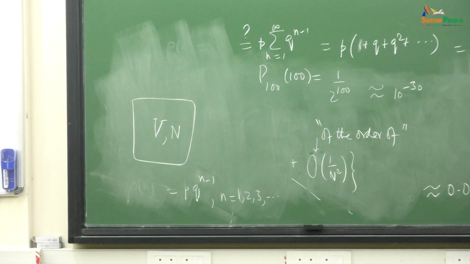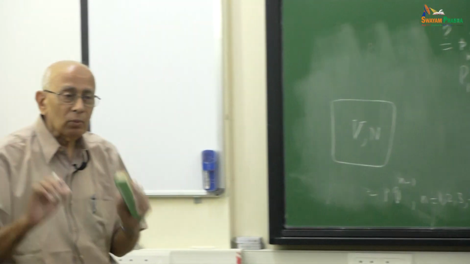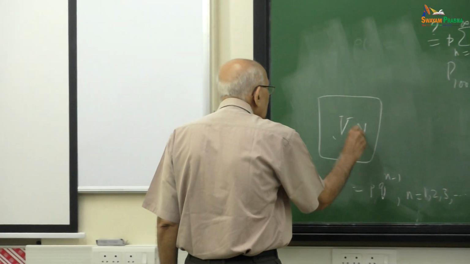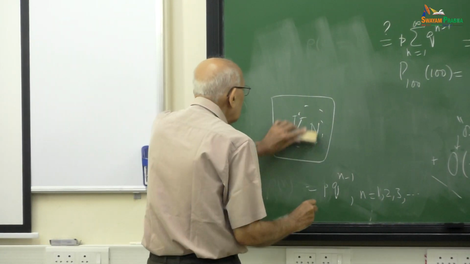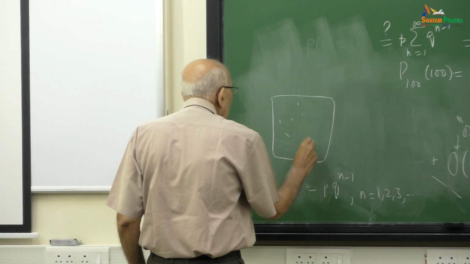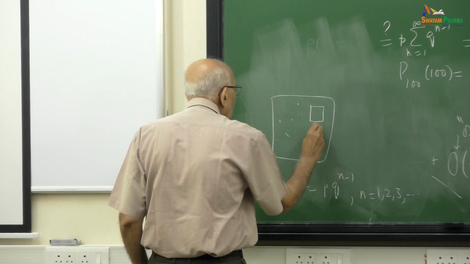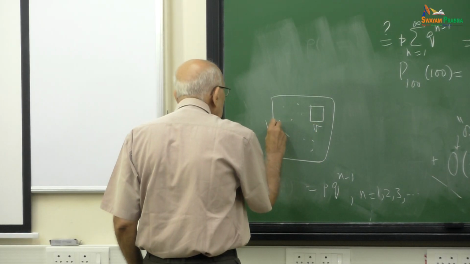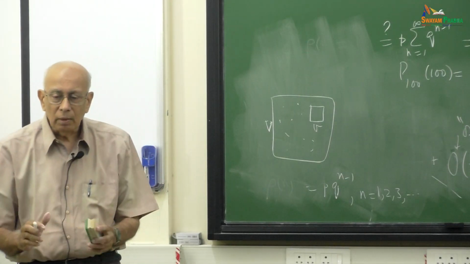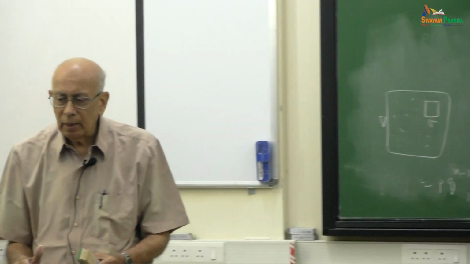I take a snapshot and freeze all the molecules, look at it at one particular instant of time, and they're spread out all over the place at random. And I have a little box here of volume little v. The capital V is the total volume, and I have a box here, a sub-volume little v. A little 1 cubic meter box in one corner of the room.